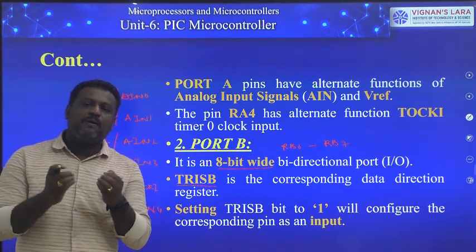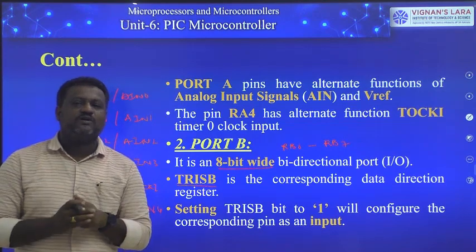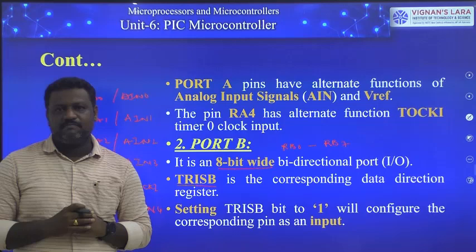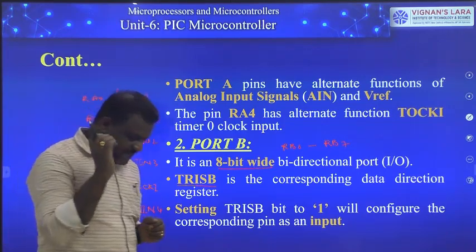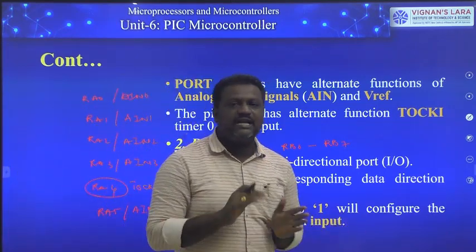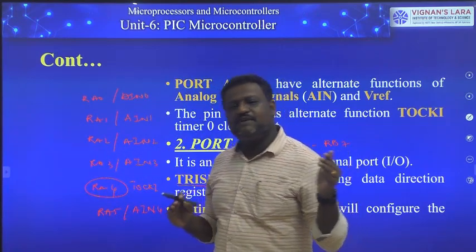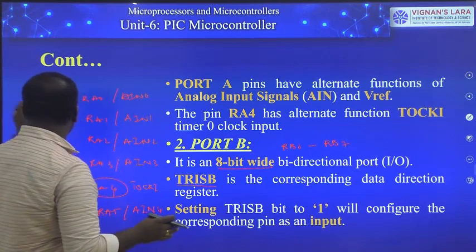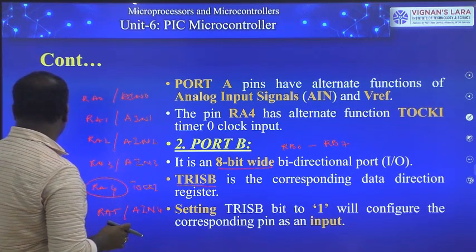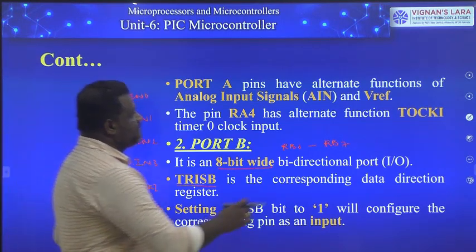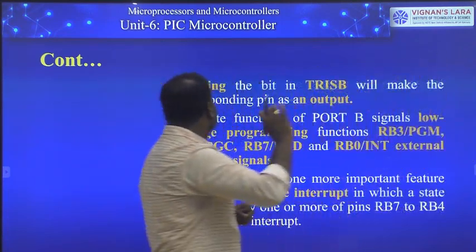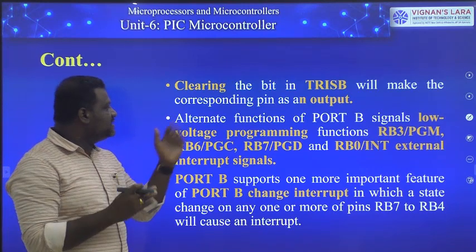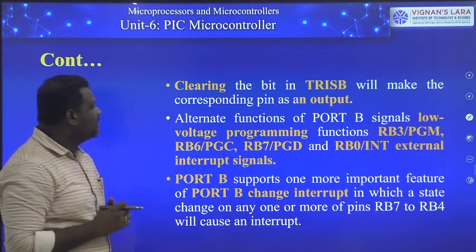If a bit in TRISB is set to 0, its corresponding pin in port B is defined as an output signal. If a particular bit in TRISB is set to logic 1, its corresponding pin in port B is defined as an input signal. That's the meaning of this. So that's what I'm saying about programming of port B signals with the help of the data direction register.